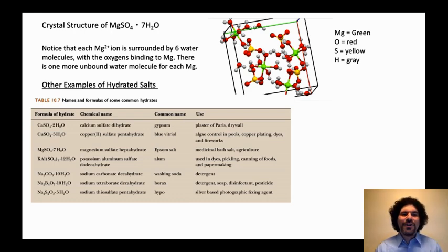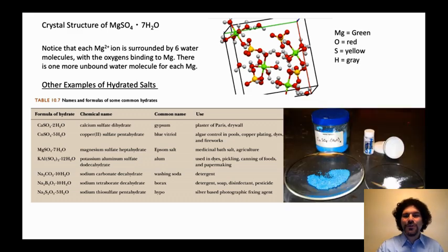So on this table are some other common hydrated salts. Calcium sulfate is used in plaster and drywall. It's gypsum. It exists as a dihydrate. Copper sulfate exists as a pentahydrate.